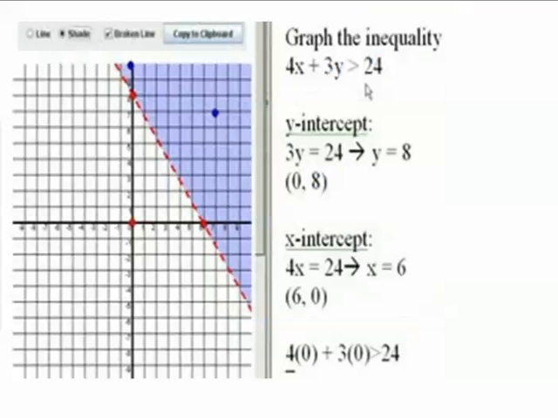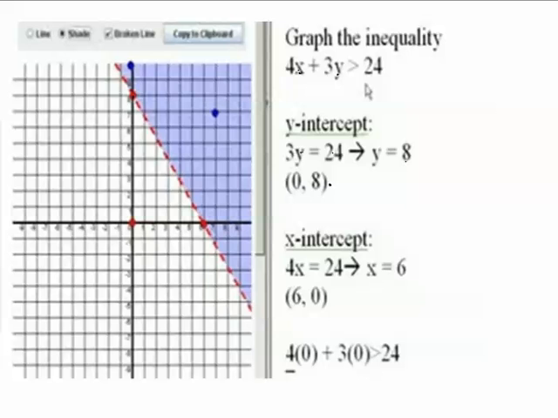Okay? So here's an example of a dashed line. How did I do this? Well, the first thing is this one was in standard form. So I found the y-intercept by putting a 0 in for x. When I put a 0 in for the x here, it comes out to be 3y equals 24 or y equals 8. That means I have the point 0, 8. So I went over 0 and up 8 and put a point right there.